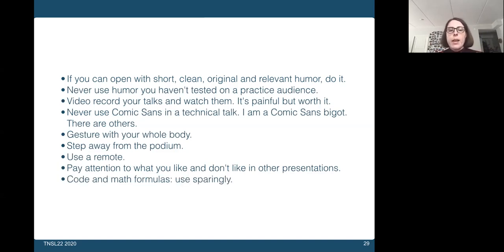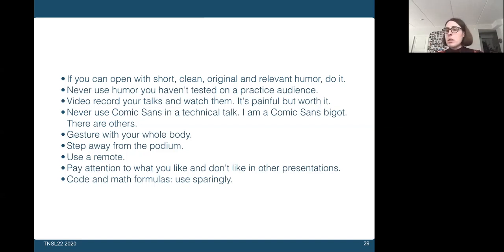And then finally, something that's not going to be the topic here either, but if you happen to have code or math formulas, you need to use them sparingly. Even if you talk about a math paper, you should not just have math formulas. Again, you should give the intuition of what you're doing, what the problem is, how it's being solved. If you can use images, wonderful.